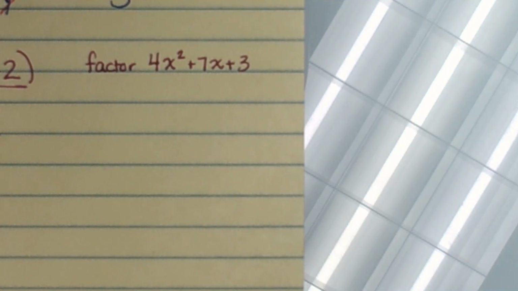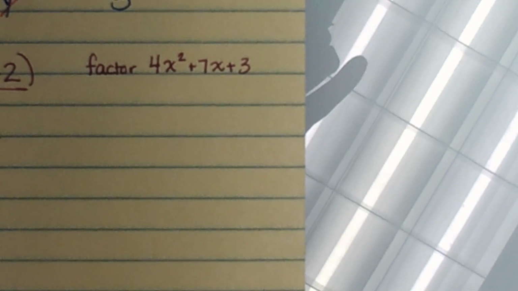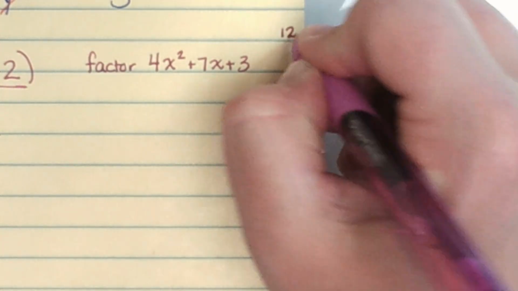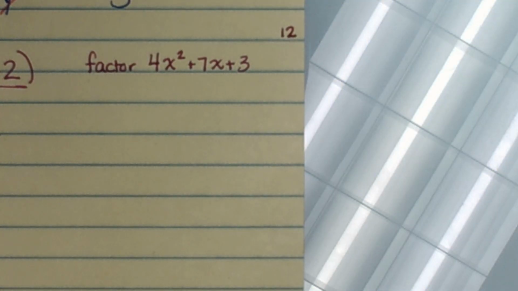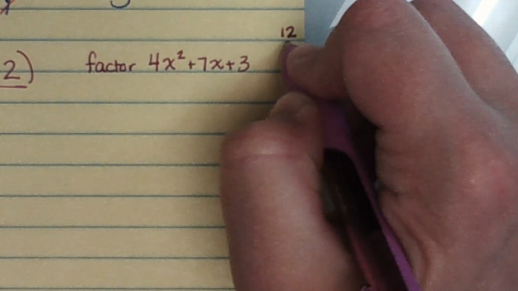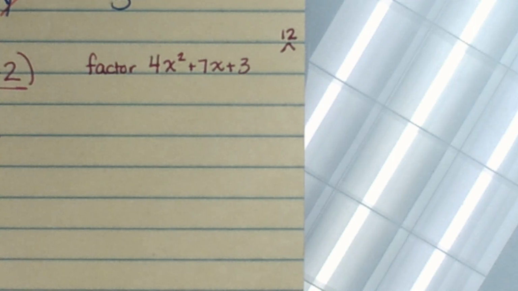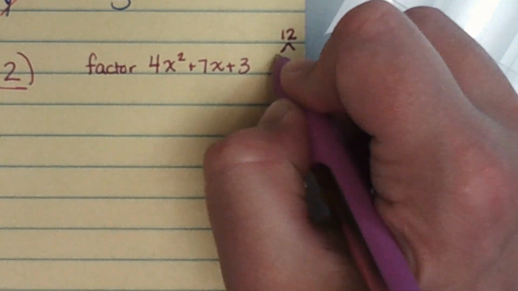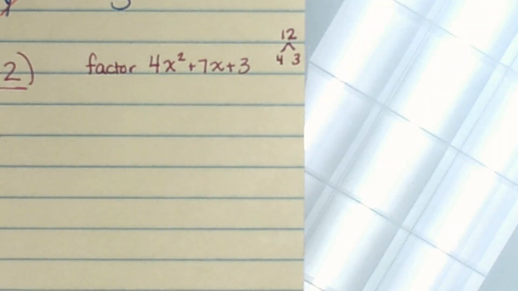Where do I start? 4 times 3. Do I do that in the problem? No, I do it off to the side. 4 times 3 is 12. And I look for two things that multiply to 12, but when I add them, I get 7. 4 and 3.